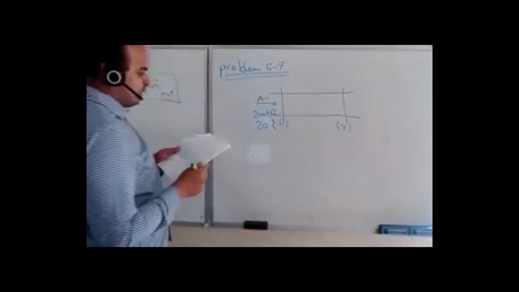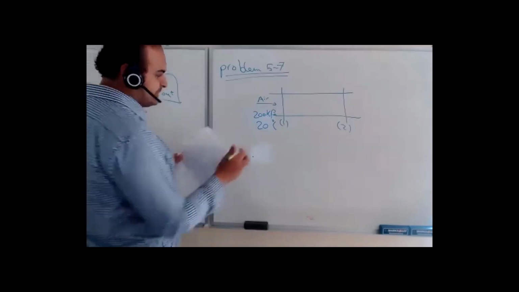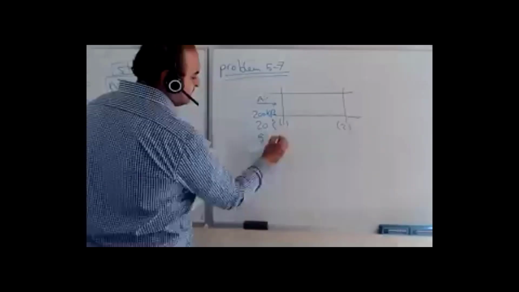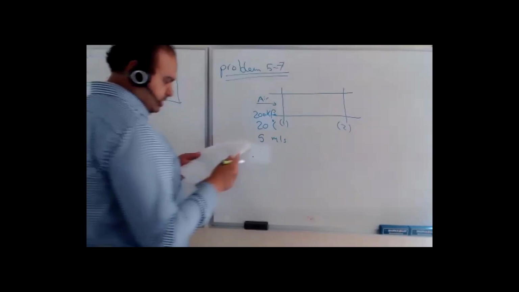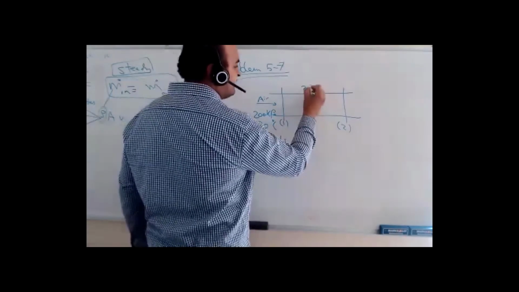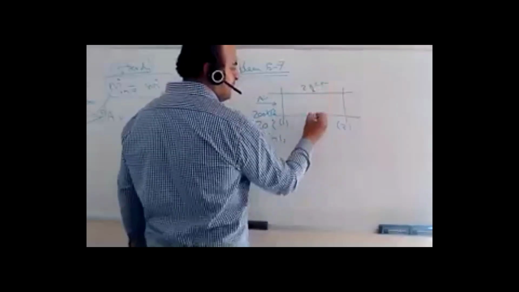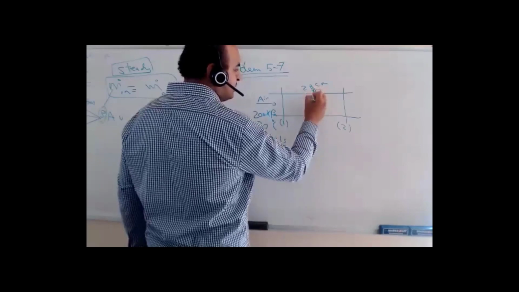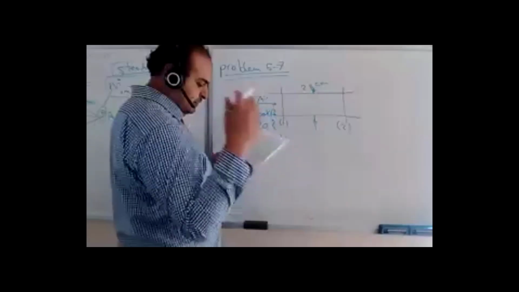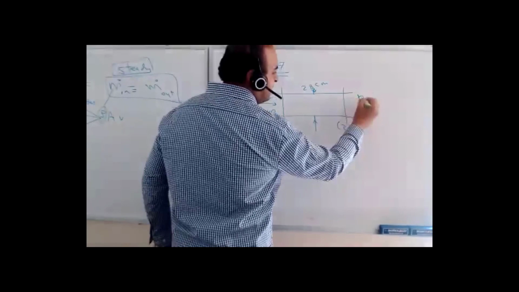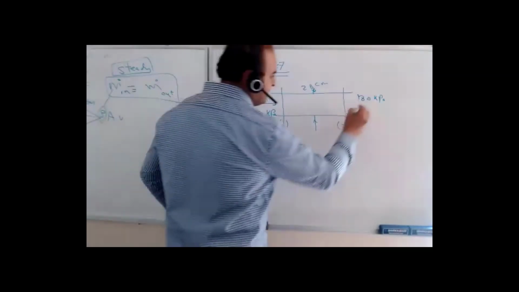So we have 200 kilopascal, 20 Celsius, 5 meter per second. And this is 28 centimeter, the cross-section diameter. It's circular. And its exit is 180 kilopascal, 40 Celsius.